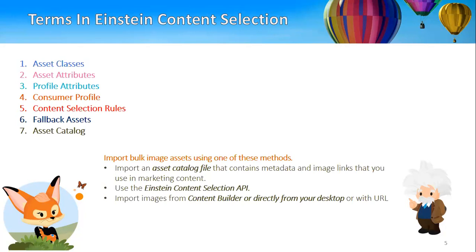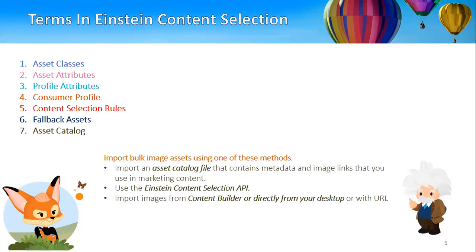And profile attributes can be like interest, hobbies, country, language, like that. You can use any of your customized attributes, which you can also make use of for your consumer's profile.